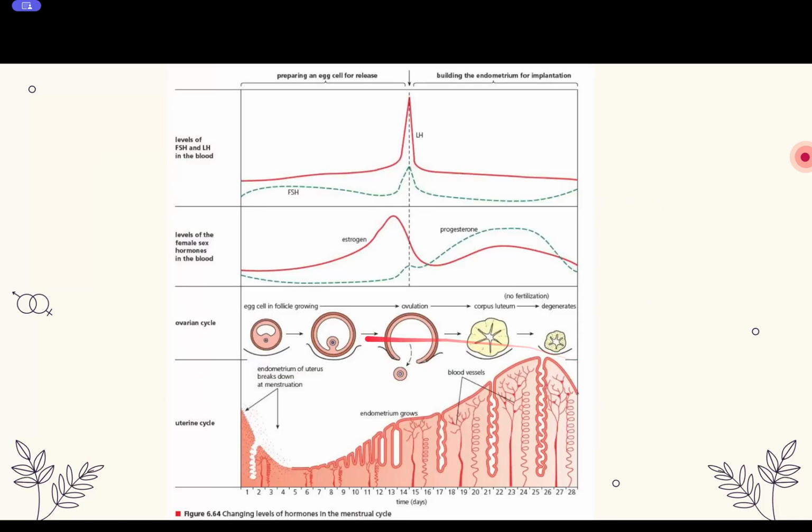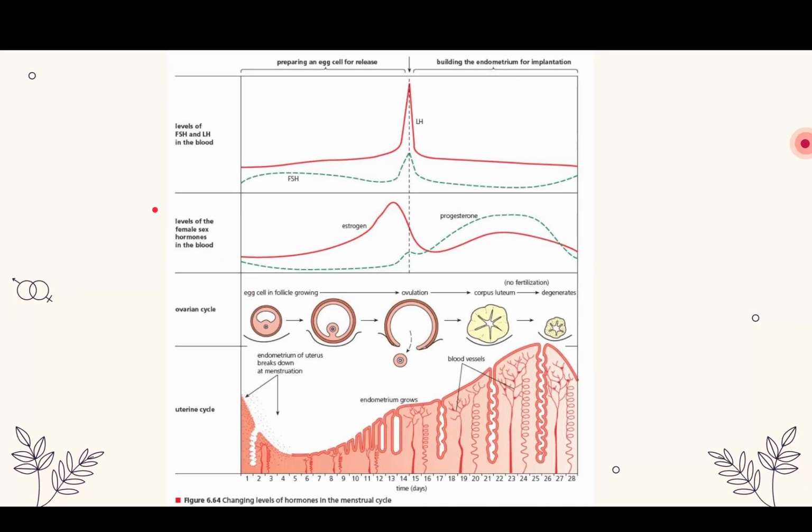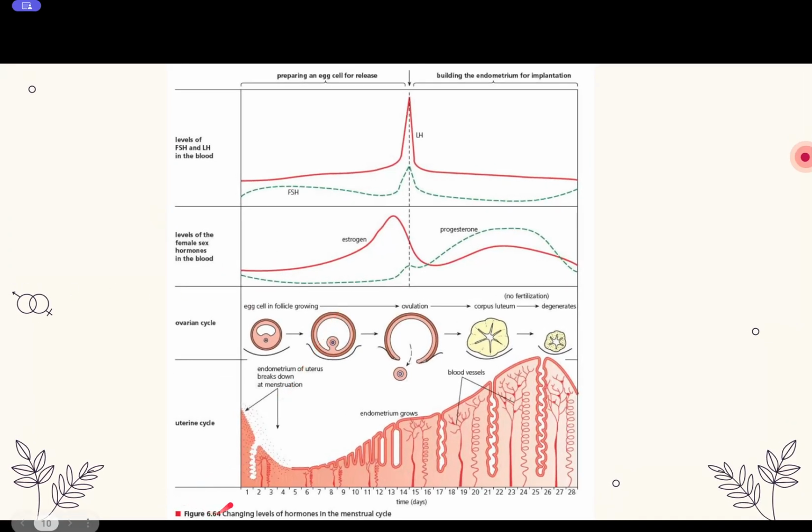Okay, so now this is the lovely world of the entire menstrual cycle. It goes from day 0 up to day 28, so it's a 28-day cycle, which involves fluctuations in FSH, LH, estrogen, and progesterone.